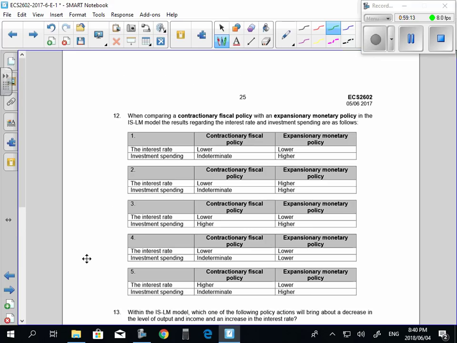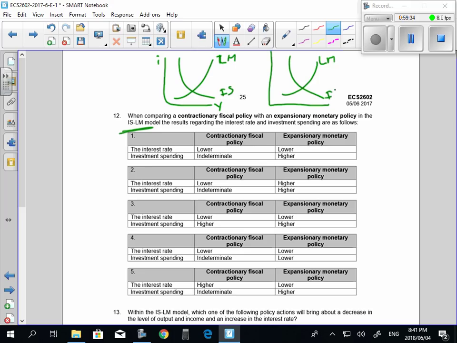Question 12. Contractionary fiscal policy, expansionary monetary policy in the ISLM. Remember, your ISLM has interest rates and output and income. So, what happens to your interest and output and income?